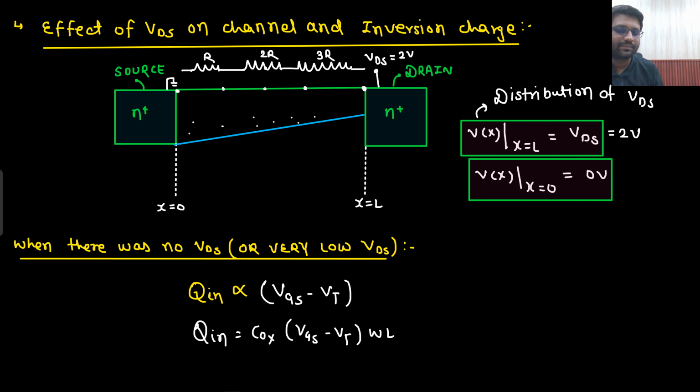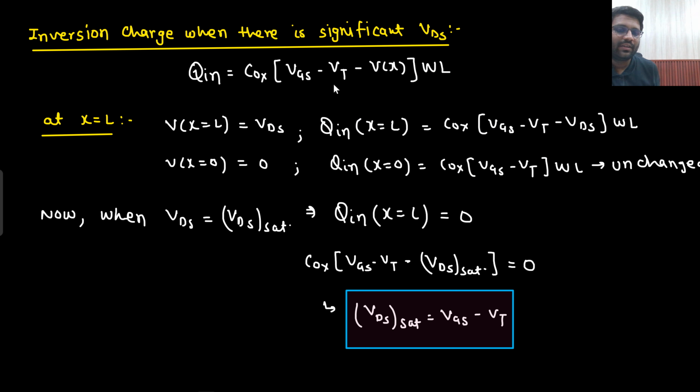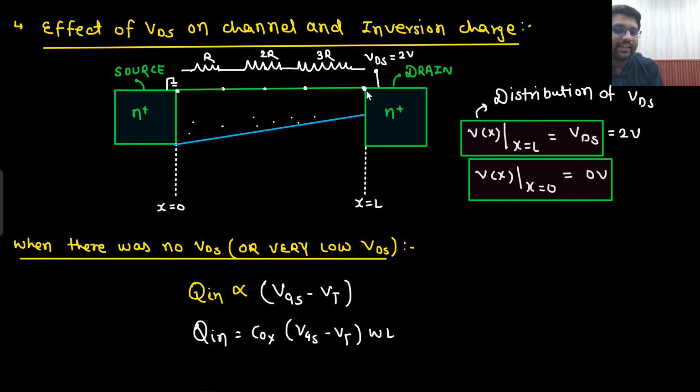This is the explanation. First you will explain that, sir, if there was no VDS, then my inversion charge was simply proportional to VGS minus VT. And this is how I can write it down if I remove the proportionality sign. But if VDS is significant enough, then from the drain end I will start getting the depletion region. That means my inversion charge will start getting lesser. At the drain end, whatever potential I am applying is directly appearing here.